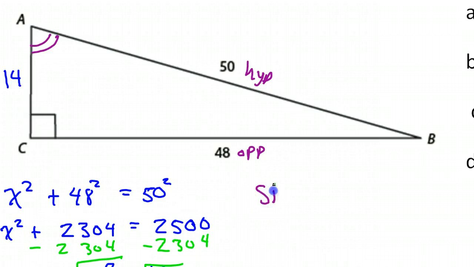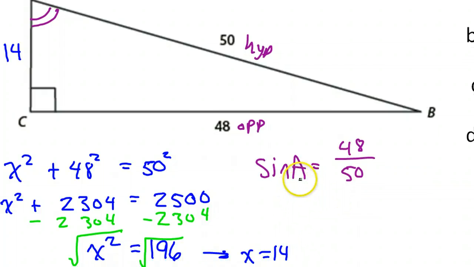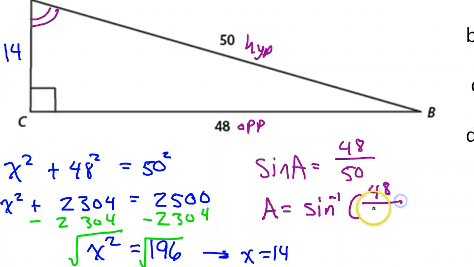Anyway, the sine of angle A is opposite over hypotenuse. So that is 48 over 50. Now, if you want to find the angle, you need the inverse trig function. So angle A will equal the inverse sine of 48 over 50.